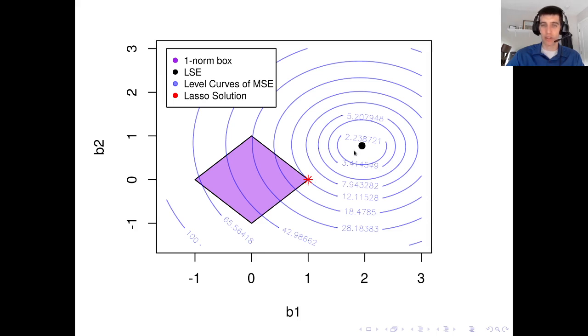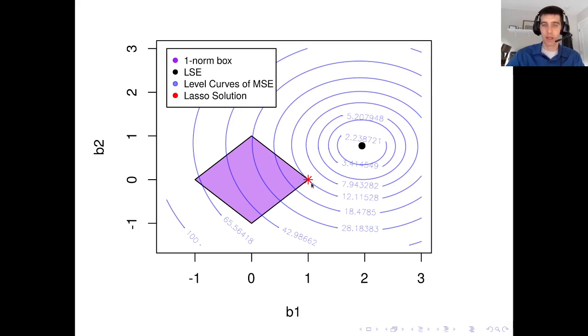So I'm slowly increasing the mean squared error as I'm drawing these ellipses. At this point, I have the minimum mean squared error. It's 12.115. Okay, and I'm also in the box. So as I'm increasing further than this, obviously my mean squared error is larger than I would like it to be. Of course, I'm in the box, so the constraint is satisfied. But this is the solution to my lasso problem, because I've increased the mean squared error a minimum amount, such that I'm in the box.